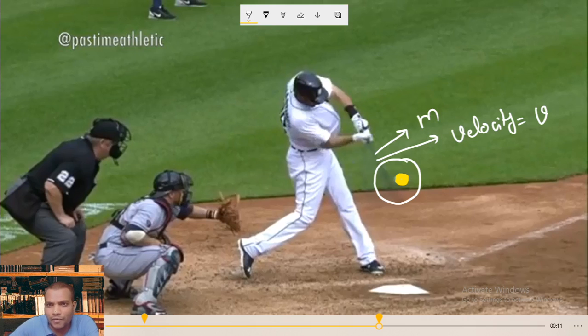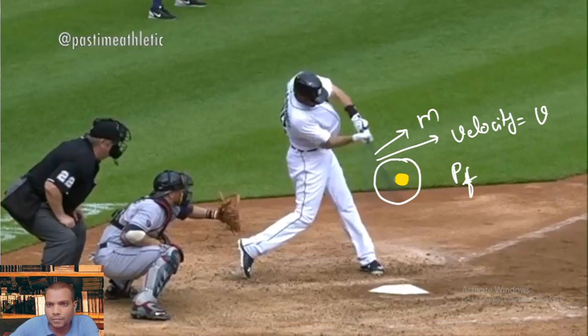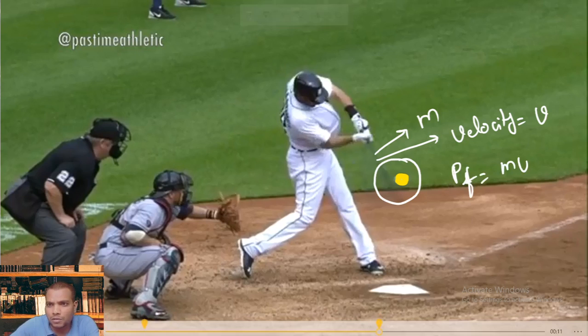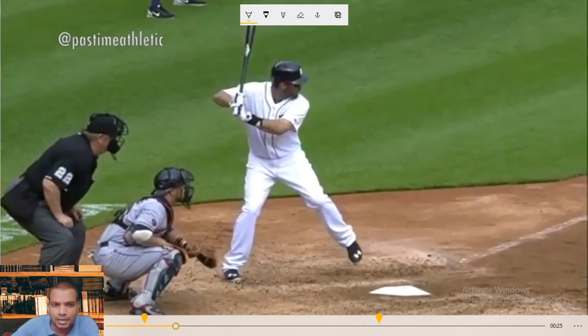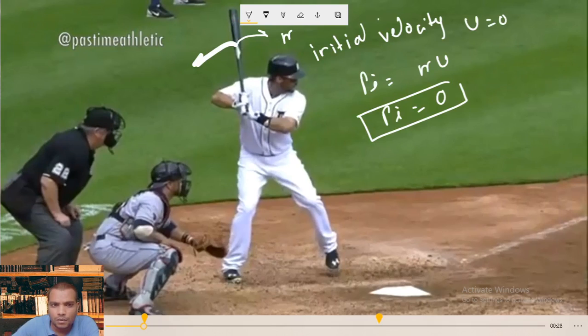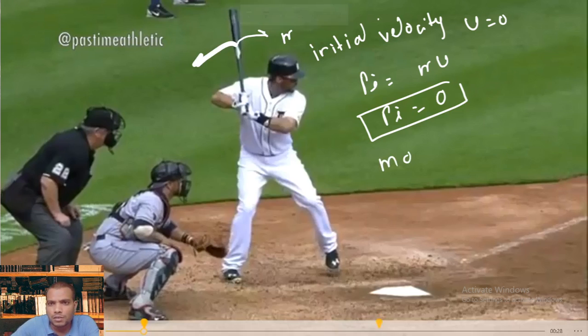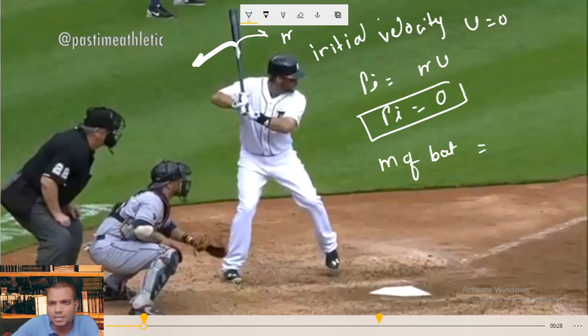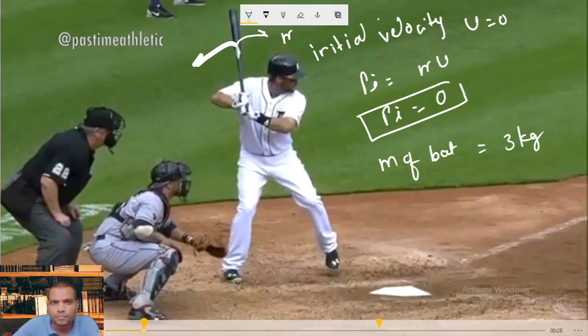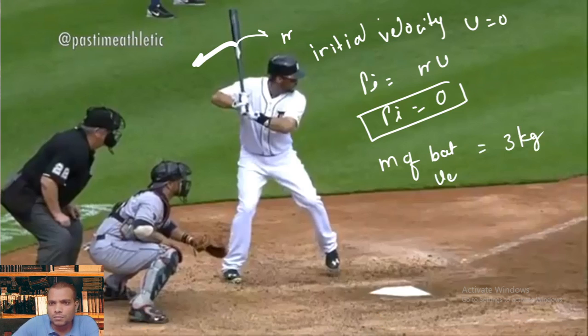In this case the final momentum equals mass times velocity. If I take numbers for the initial case, let the mass of the bat equal 3 kg, and the initial velocity equal 0.